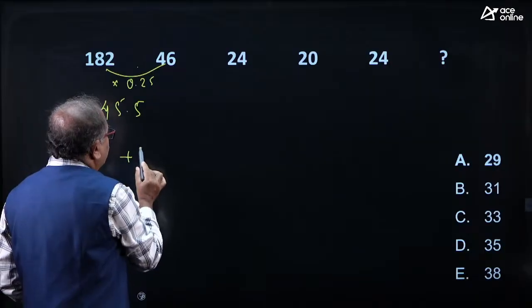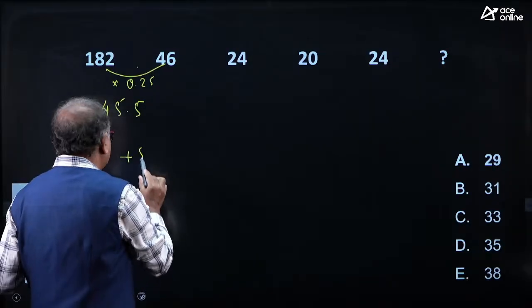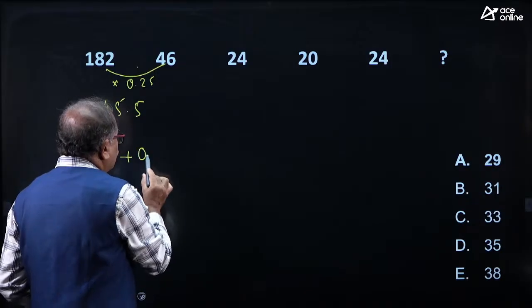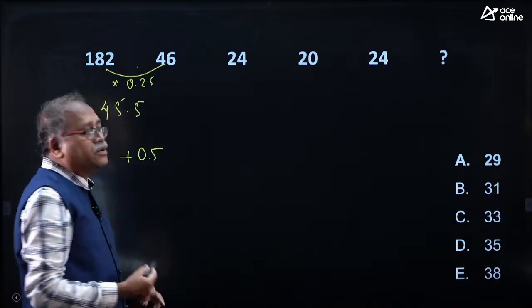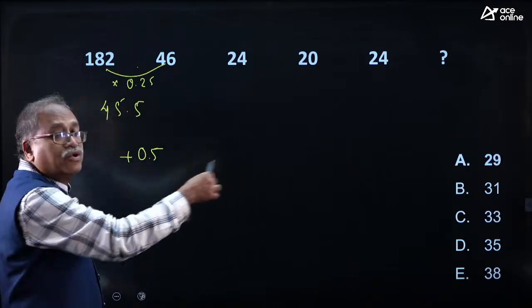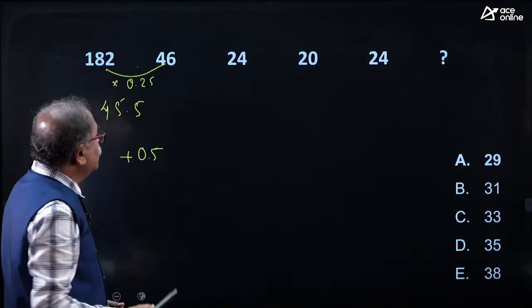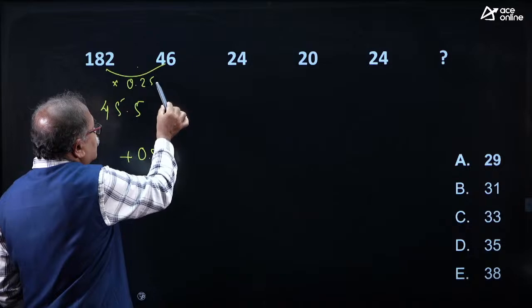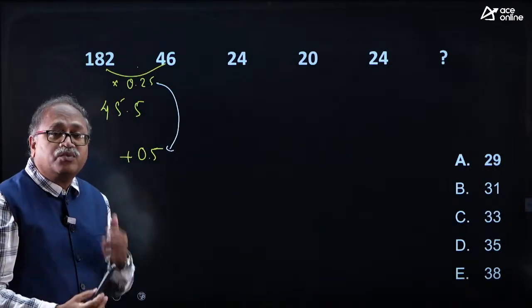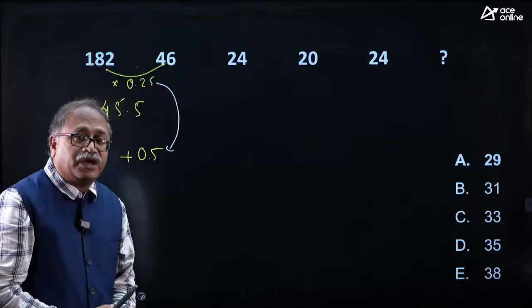I need to add 0.5. While I was writing, I was thinking it could be 0.5 everywhere, or it is possible that this is 0.25 and double is 0.5. These are the two possibilities that were going on in my mind.